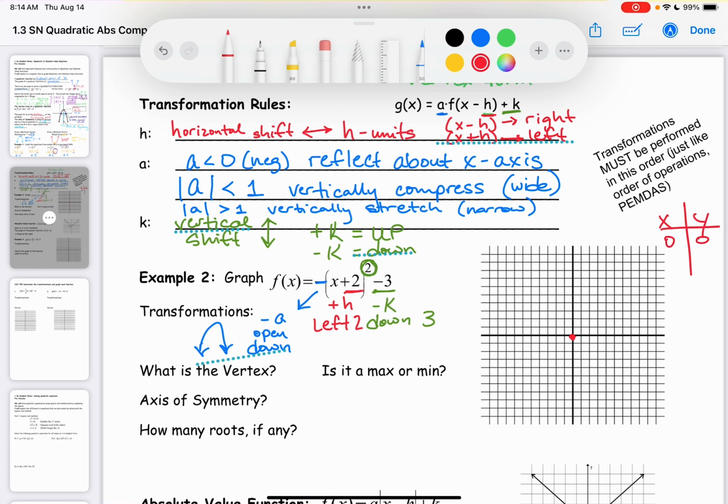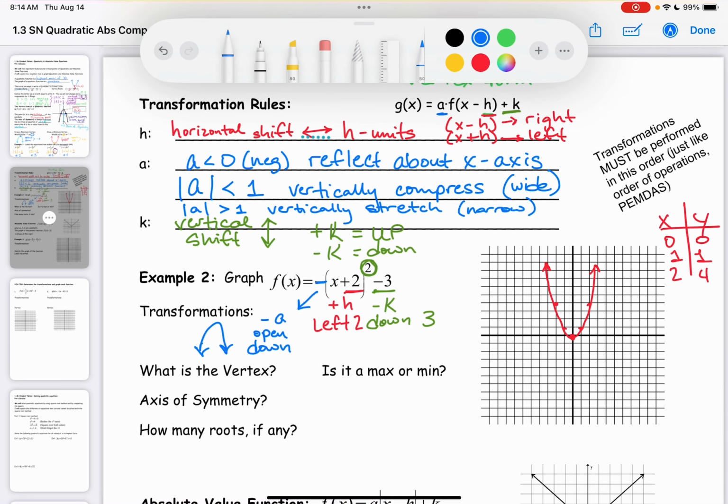You can see 0, 0, 1, 1, or excuse me, 2, 4, and so you could graph some of these points just to get a general shape of what we're doing. Okay, and I'll trace this the best I can. All right, so there's our parent function.